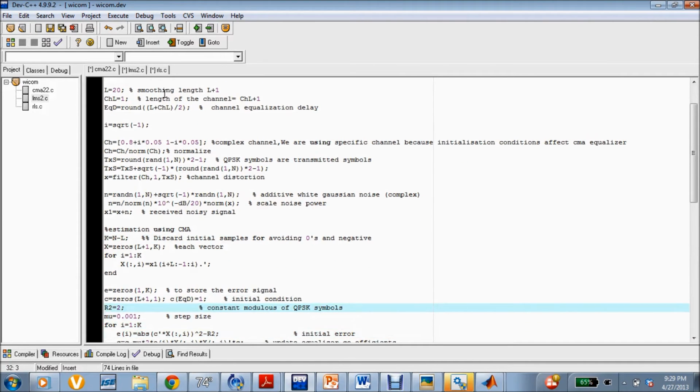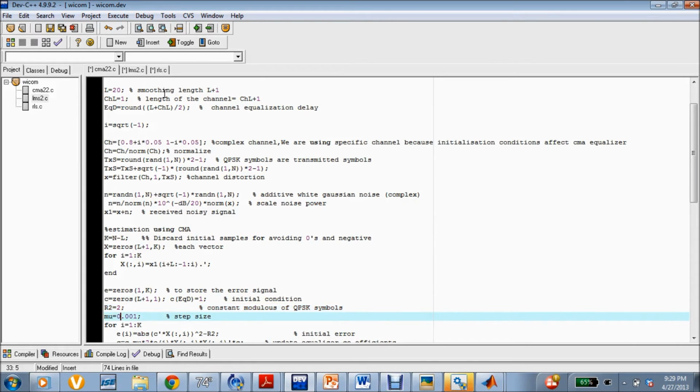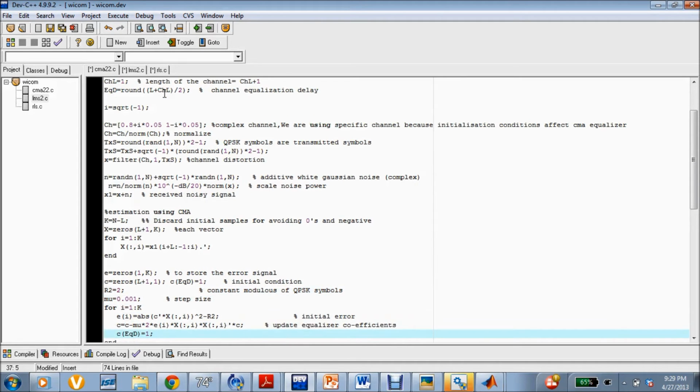And here I have used R2, that is a constant envelope, which is used for calculating the mean square error. It is 2 for QPSK symbols. I use a step size of 0.001. There is no training here. It just undergoes the whole iteration for all the data samples.